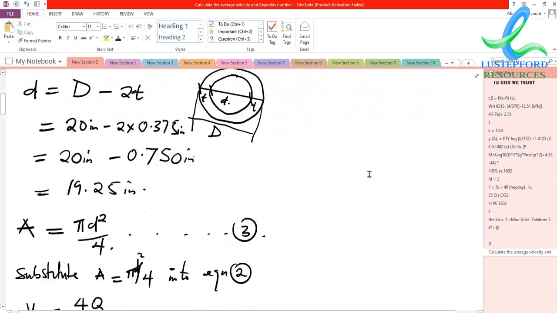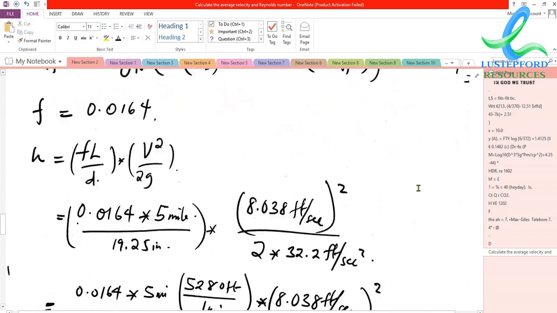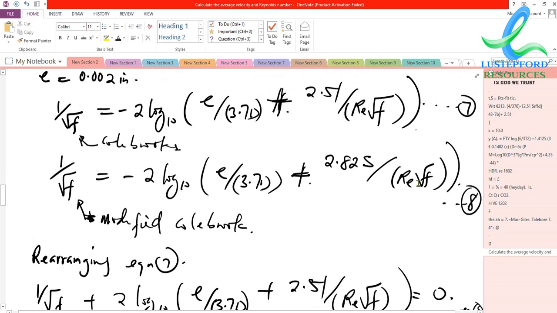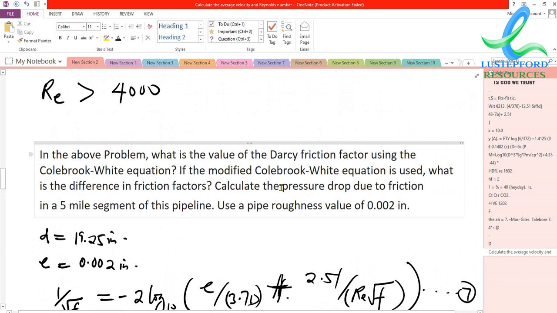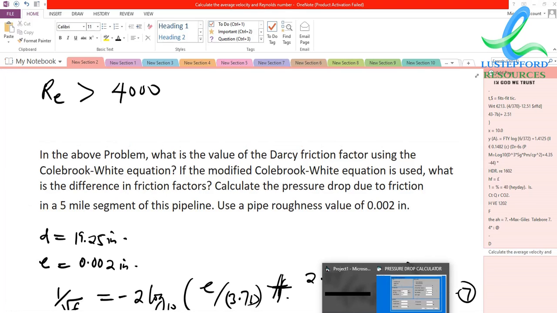So let's look at the second question now. The pipe length is 5 miles.